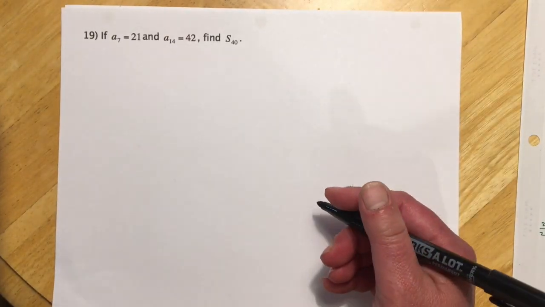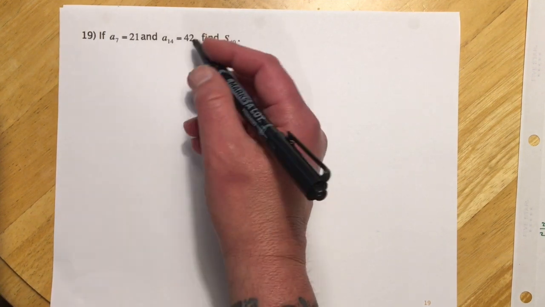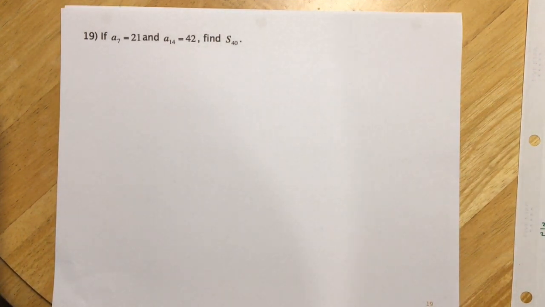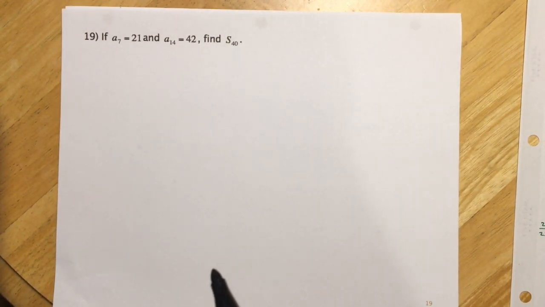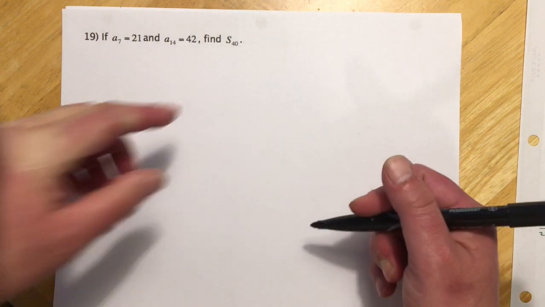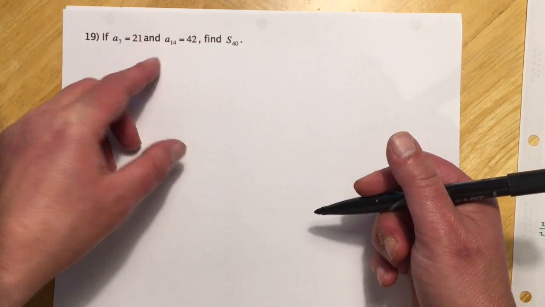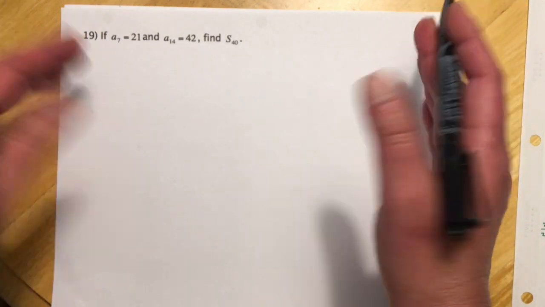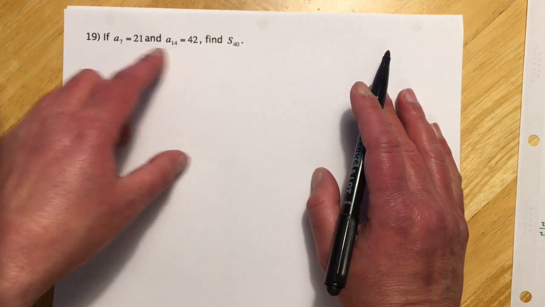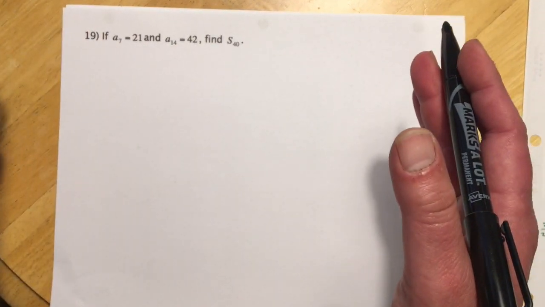Okay, so this one is, if the 7th term is 21 and the 42nd term is 14, find the sum through the first 40 terms. So to find the common difference, I'm going to use that idea of slope again, because if these are the terms, there's so much space between them, and the 14 and the 7 are the number of integers.